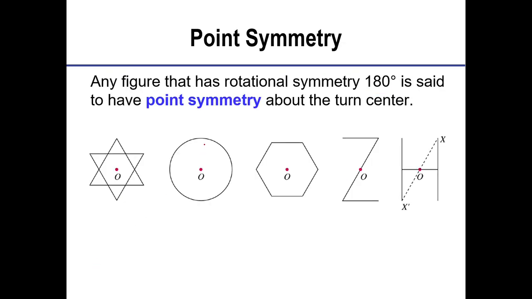Any figure that has rotational symmetry of 180 degrees is said to have point symmetry about the turn center. These are some figures that have point symmetry. If you were to rotate each of these figures 180 degrees, you would have exactly the same image for each one of these figures.